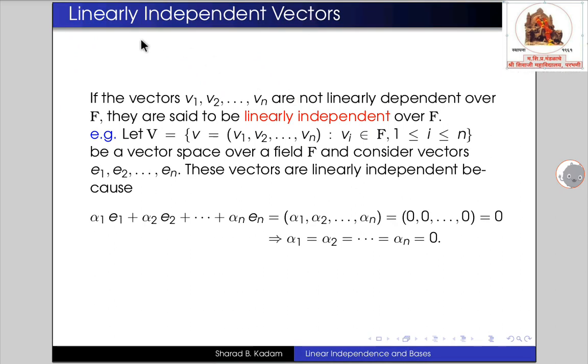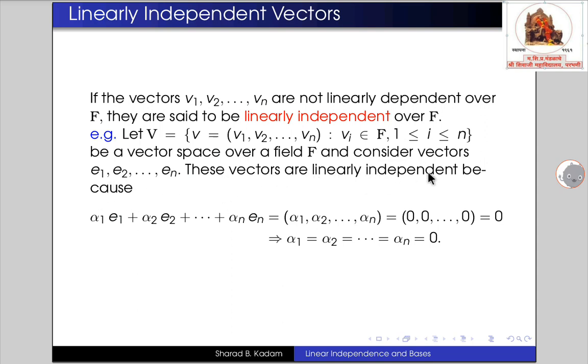Next, we have the definition for linearly independent vectors. We say vectors V1, V2, Vn in the vector space V are linearly independent if they are not linearly dependent over the field F. For example, we consider the vector space V which consists of n-tuples where each component is in the field F, be a vector space over the field F, and consider vectors E1, E2, En.